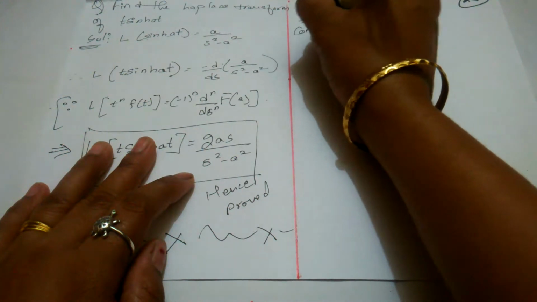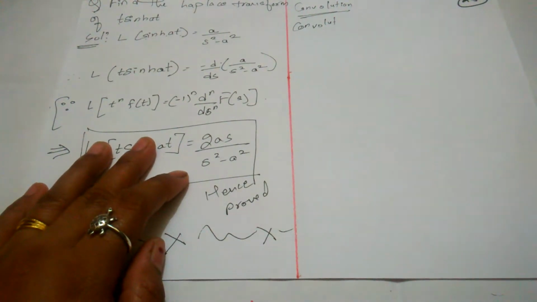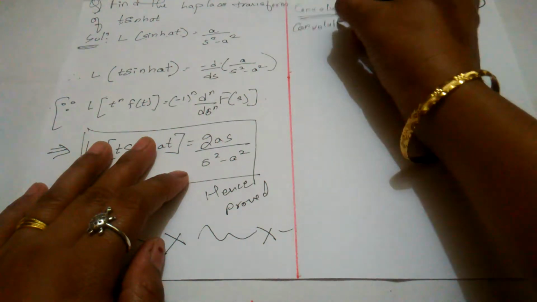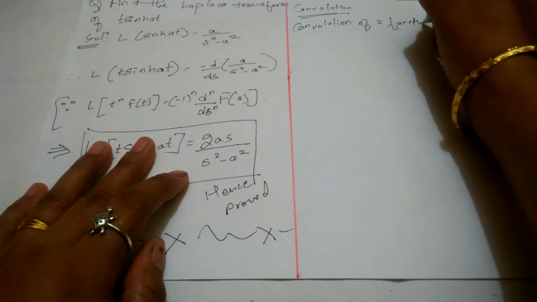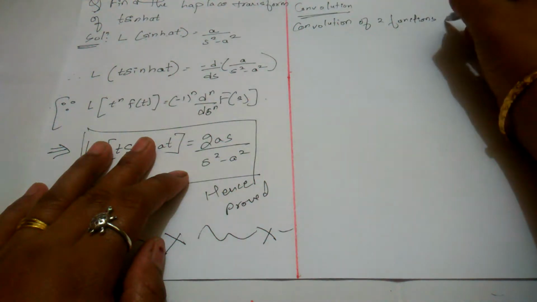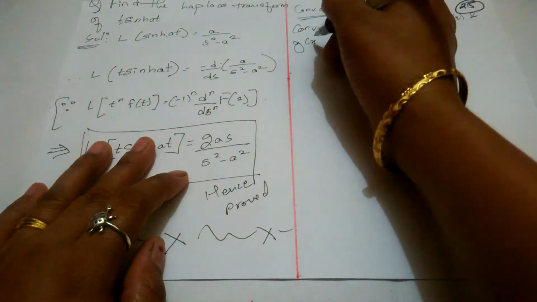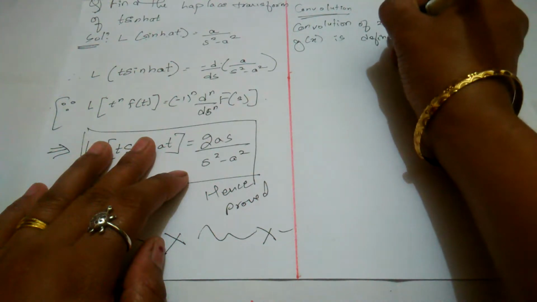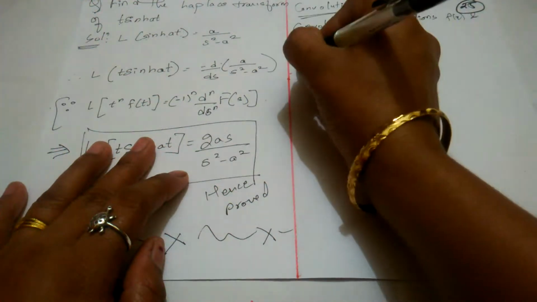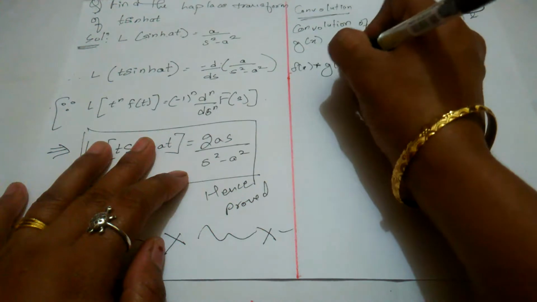Convolution of two functions, f of x and g of x, is defined as, so it is defined as f of x multiplied by g of x.